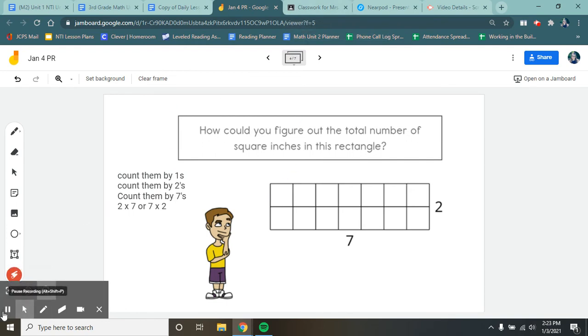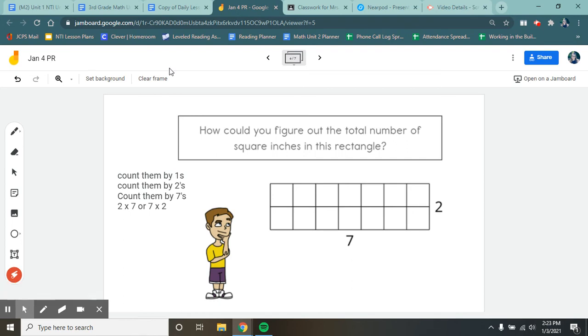Another question that I want you all to think about is, how are these rectangles that we've been working on all day today, how are they the same as something we've already done in multiplication? So think about that for a second. What does this remind you of when you look at it?